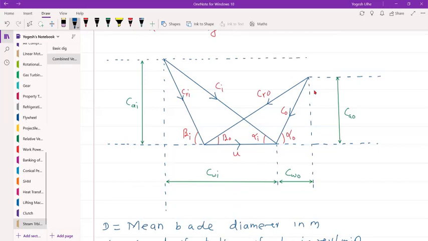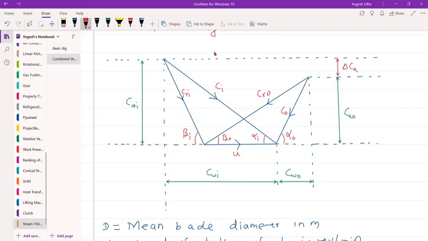Understanding of this drawing is quite important to us. Okay, I will use red pen for this one. This is delta CA. This is, guys, delta CA.